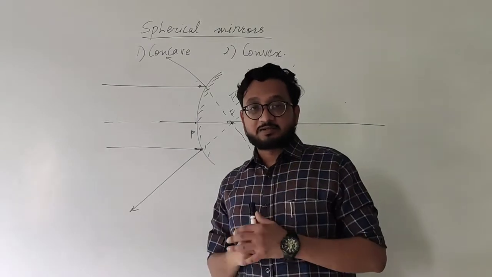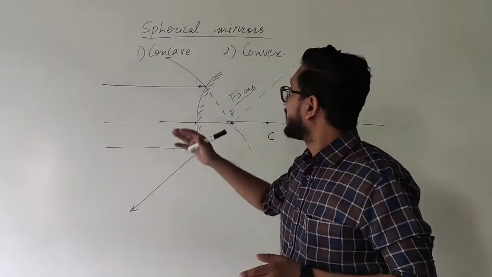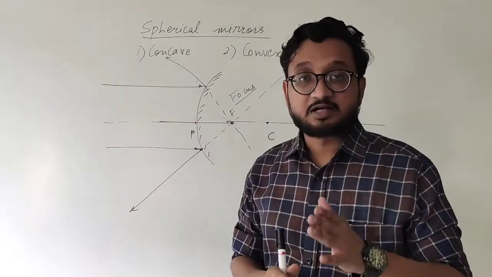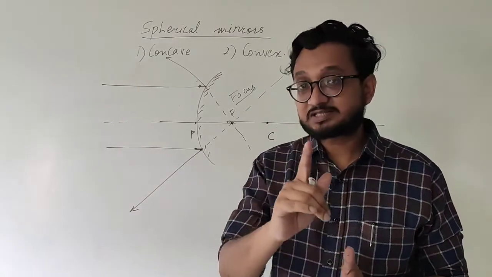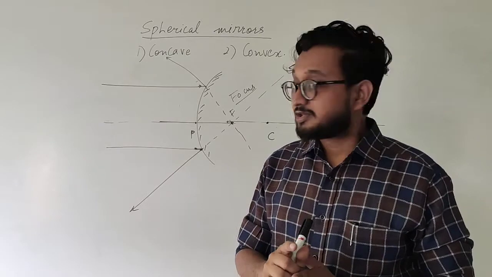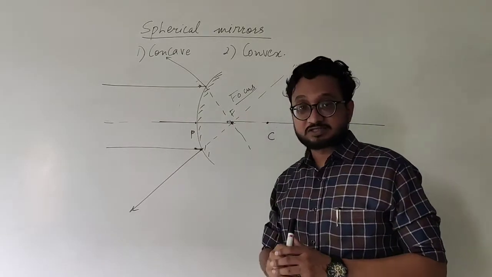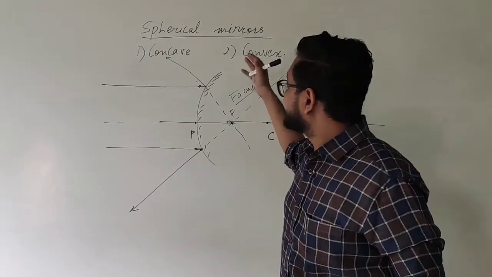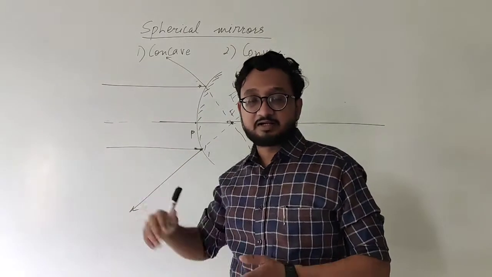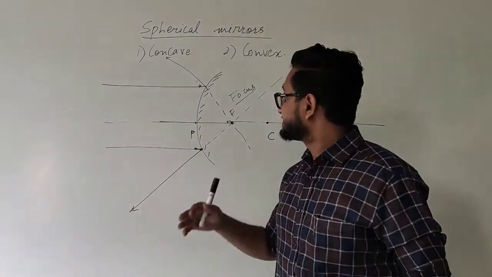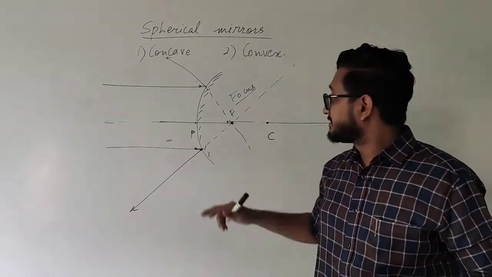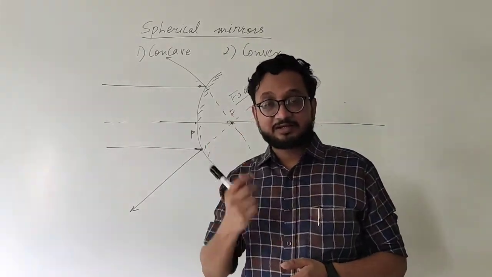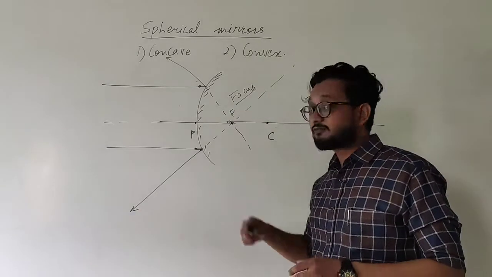So I repeat once again, the point of focus for a concave mirror is real. That means the light converges at one single point. Okay? That is point of focus. And for a convex mirror, the rays of light diverge, but inside the mirror they seem to meet each other. And once again, the point where they seem to meet is called a point of focus.